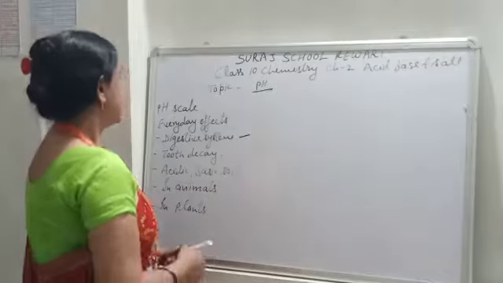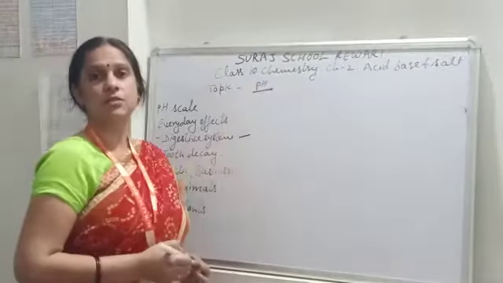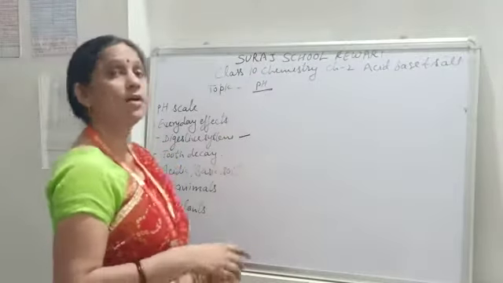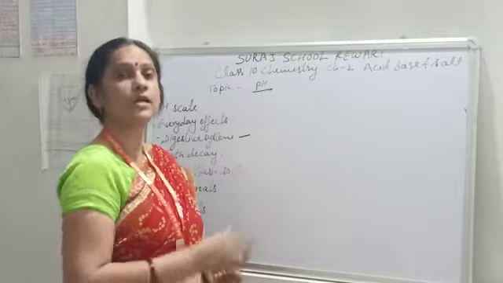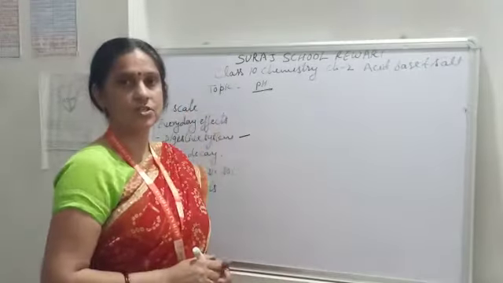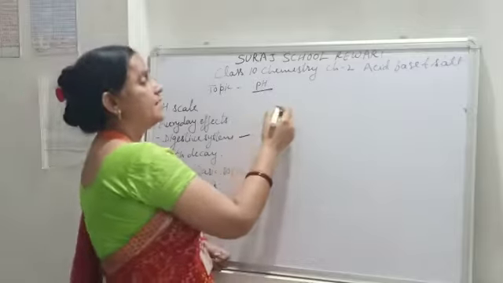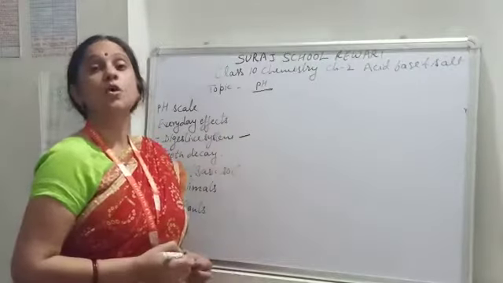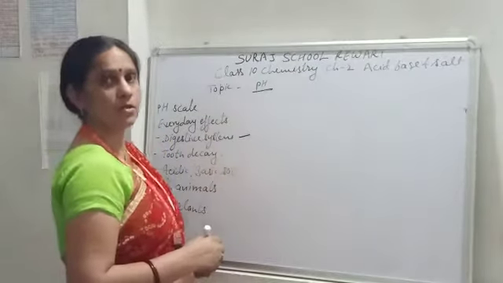The next is acidic or basic soil. We all know that all living organisms can easily survive in a particular pH range. In a field, plants and crops develop.